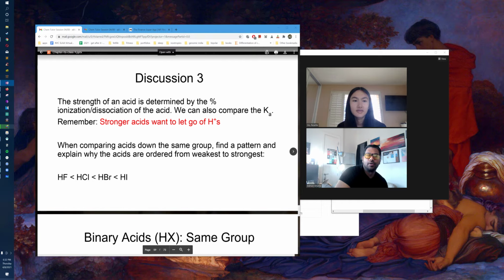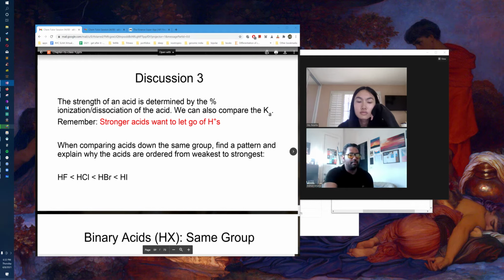So if it's electronegative, it'll pull electron density from the hydrogen towards, let's say, fluorine, the thing that's electronegative. Since it's pulling electron density, it's going to make a dipole, a partial positive charge on the H, and that makes it more likely to leave and gain some electron density from something else in the environment.